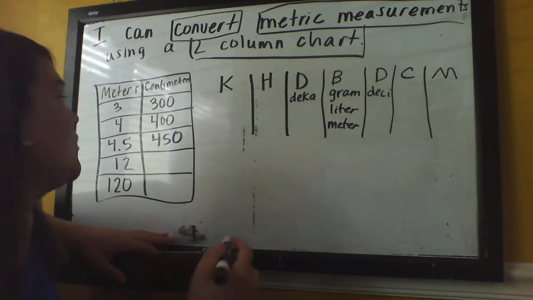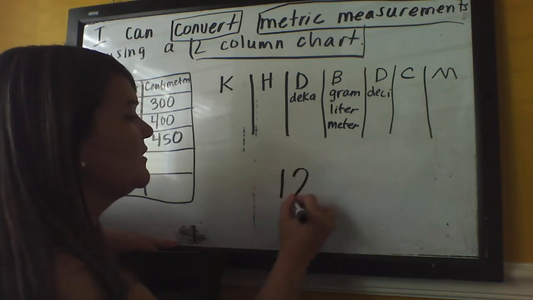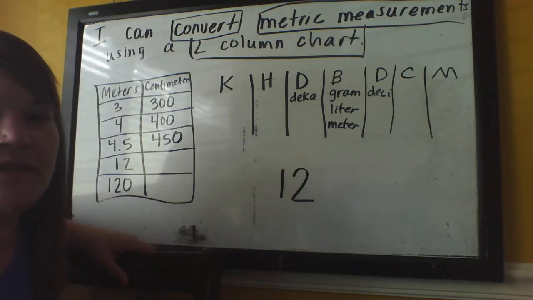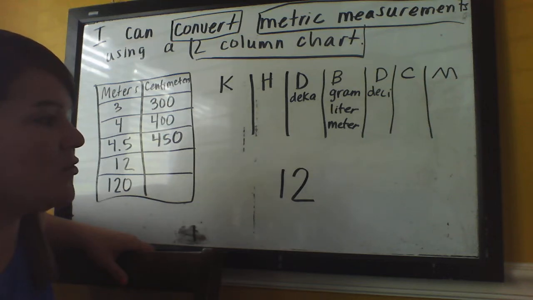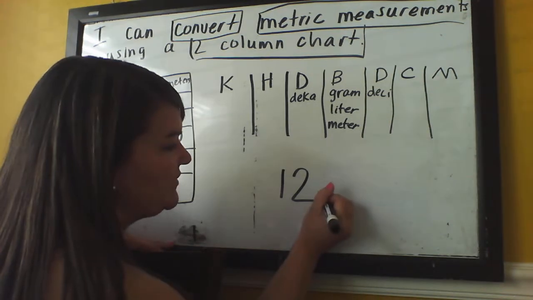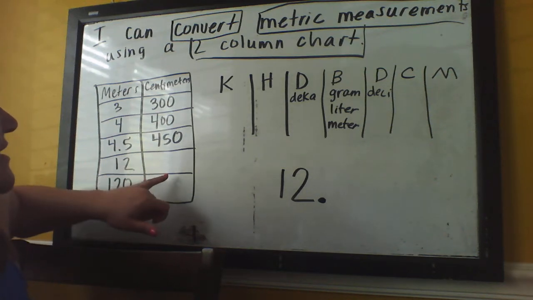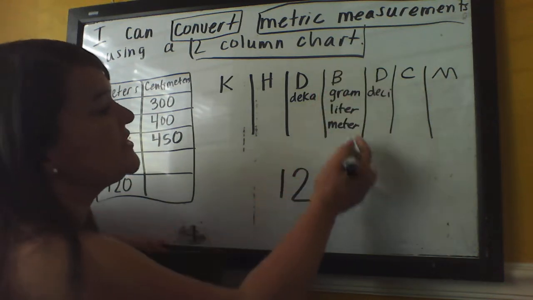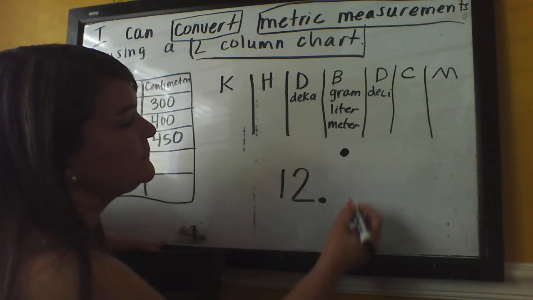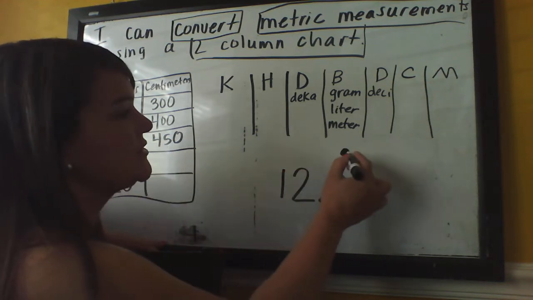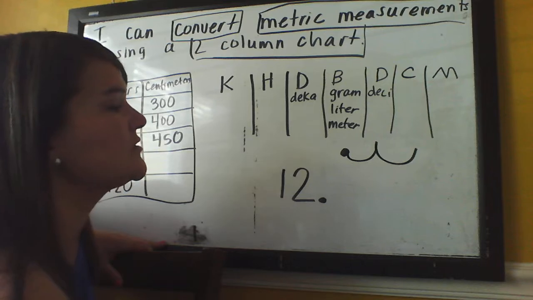All right, so now 12 is my number. 12 does not have a decimal in it, but I can put a decimal because all whole numbers have a decimal at the end. I'm still starting at meters, and I'm going to centimeters. Meter is at the base, that's where you put your dot, and I'm still going to centimeters, so it's 1, 2 places to the right.